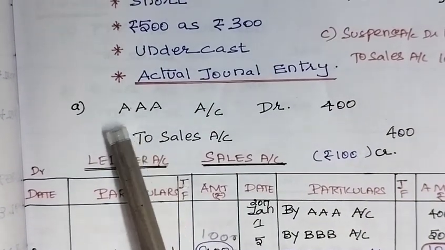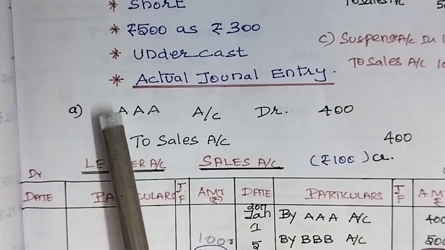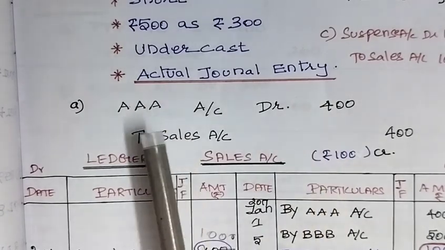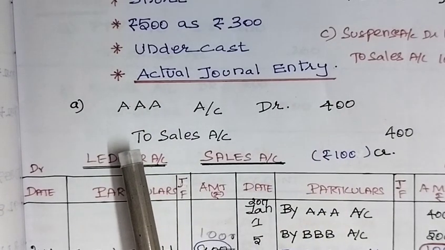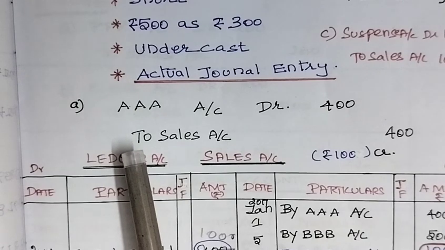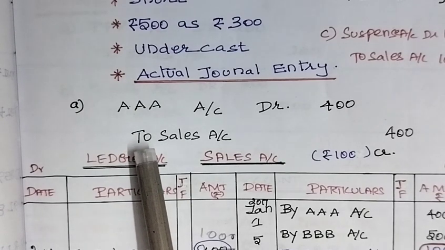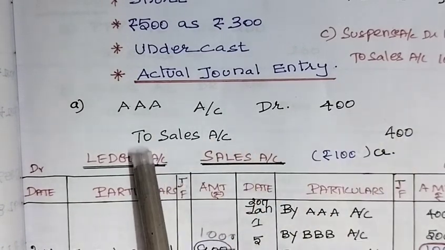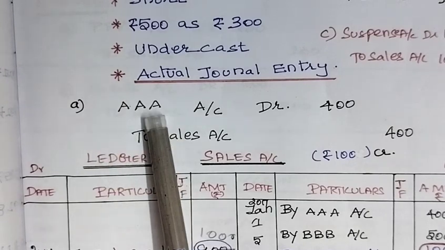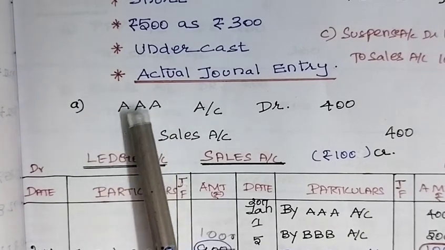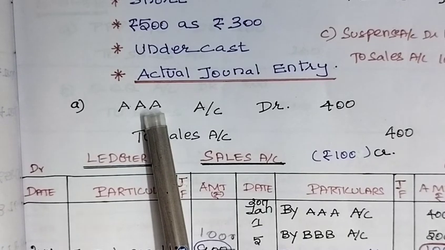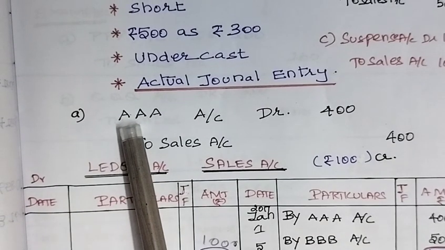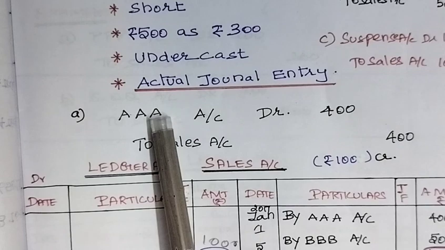Say for example, you sold goods to AAA on credit for rupees 400.